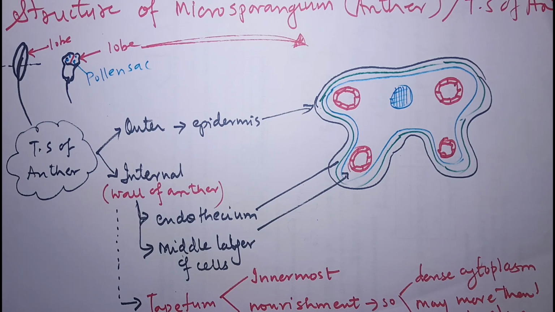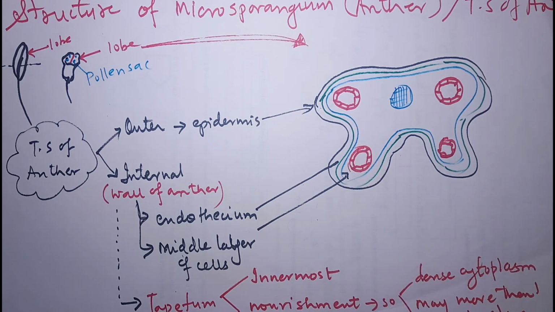Tapetums are radially elongated and they provide nourishment to the developing microspore. Each anther lobe has 2 pollen sacs, or we can say 2 microsporangia.